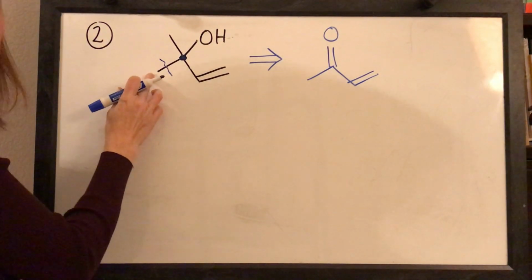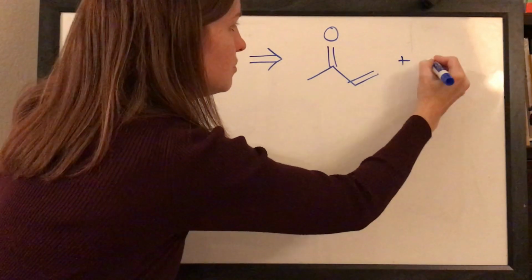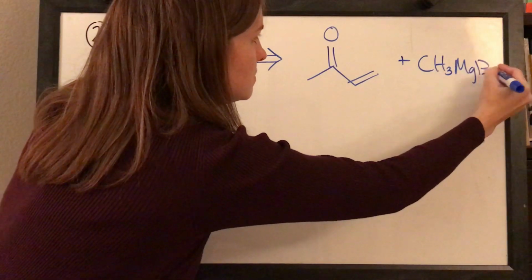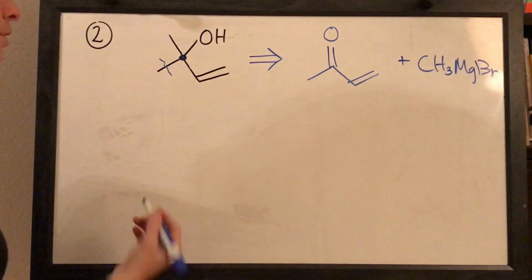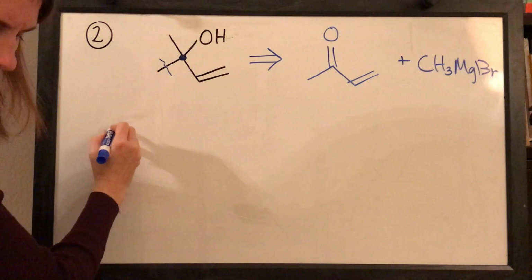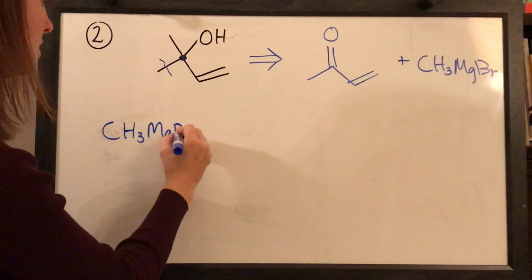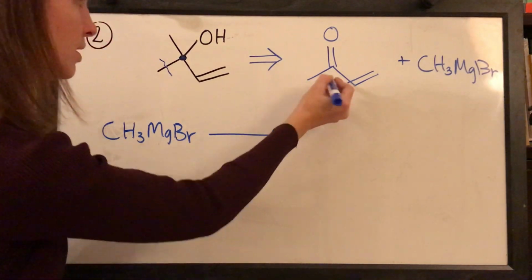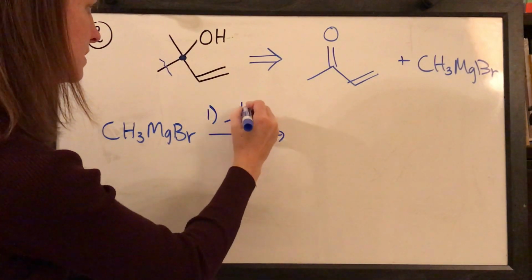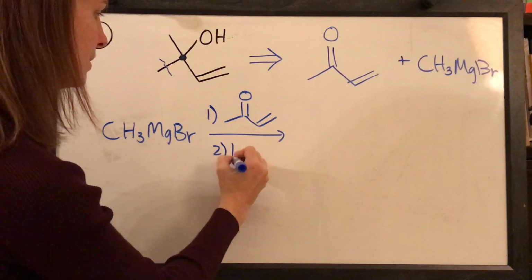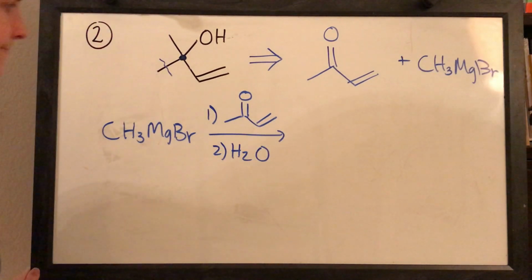And that means my Grignard reagent would just be a methyl. So my Grignard reagent would be CH3MgBr. In the forward direction, I would write CH3MgBr. I'm going to react it first with this ketone. And then second, I'm going to add water to quench the reaction. So that's a second possible answer that would work in this problem.